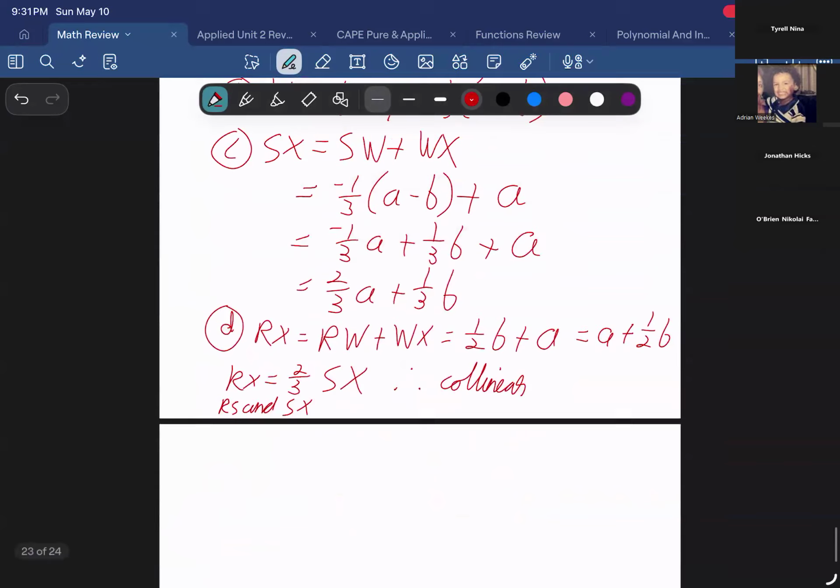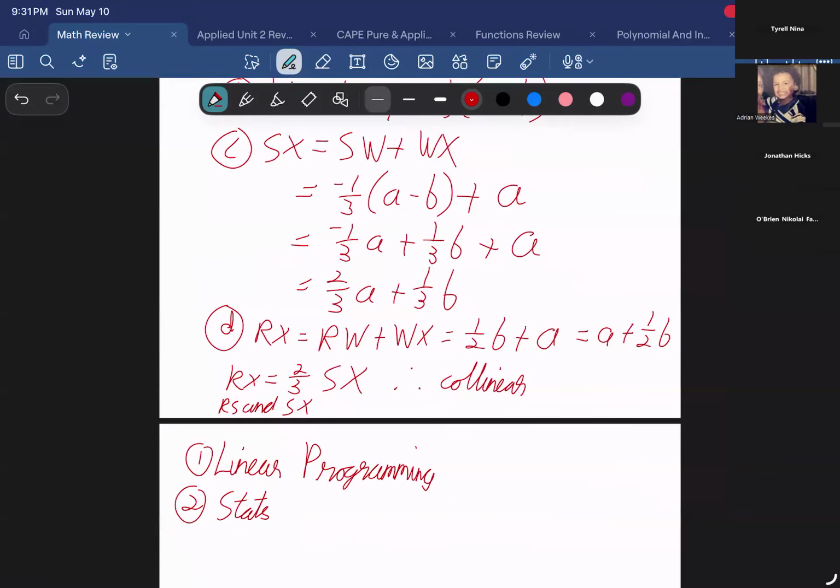All right, so tomorrow, linear programming. The reason why I write it here is so that when we start the Zoom, I have it here one time. Linear programming, stats.